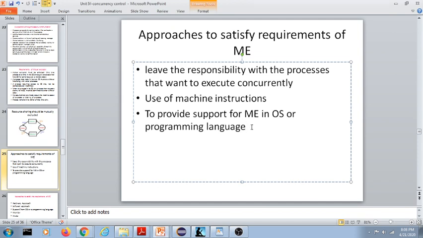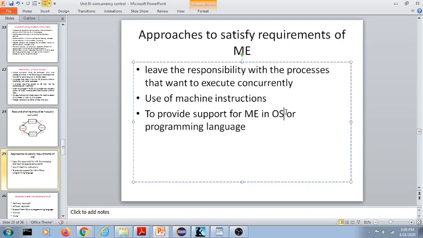Your processes can be either application programs or system programs, right? Your kernel is managing all the processes, either the different threads from the application programs or the system programs. So the third approach is saying that you have to provide the support in the operating system itself.